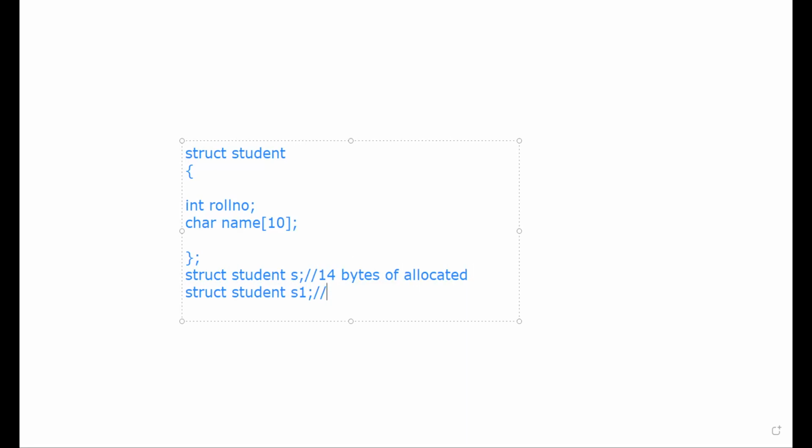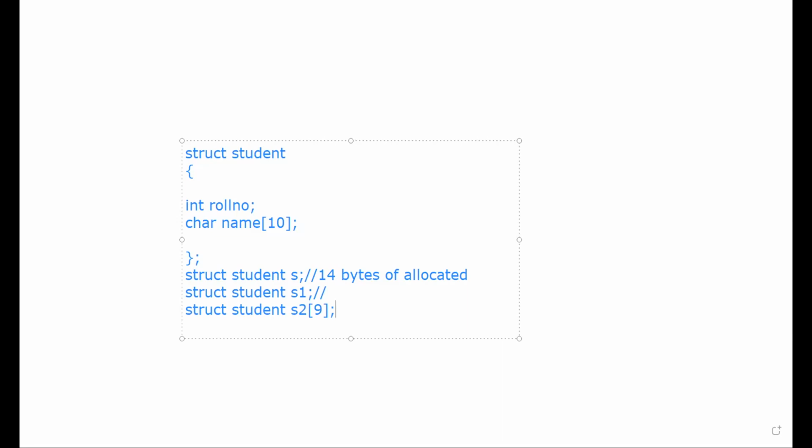The initial 4 bytes of that 14 byte block would be integer, to store integer. Next 10 bytes would be for storing characters of 1 byte each. Is that clear? If I say struct student S2 of 9, then what will happen? 9 into 14, that much bytes of memory will be allocated.